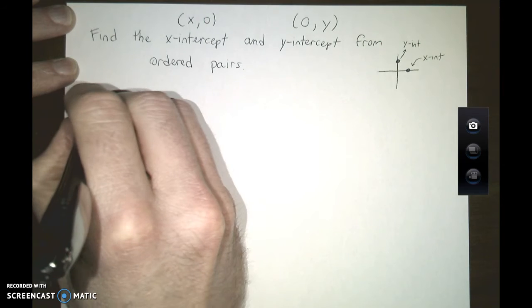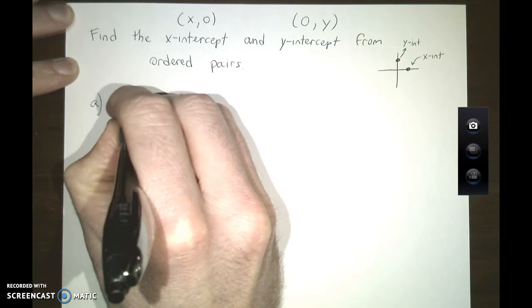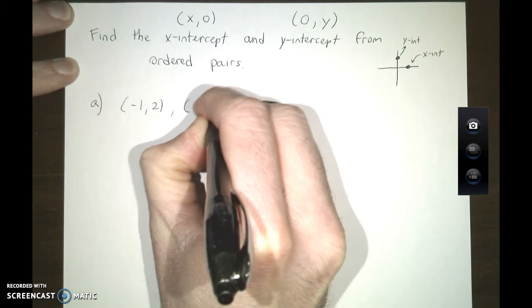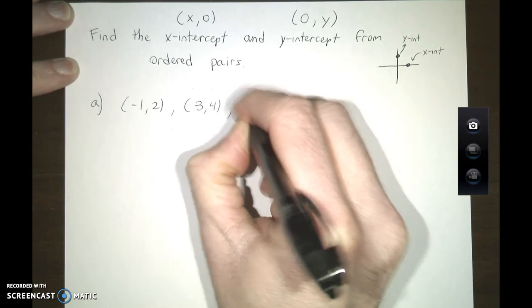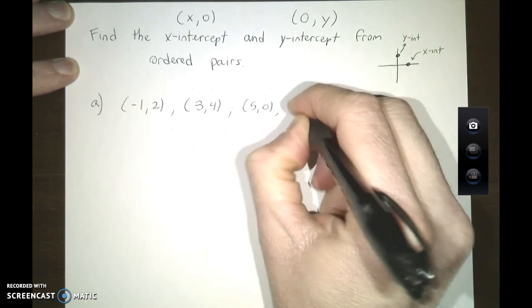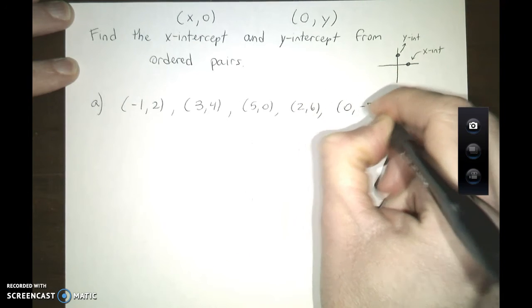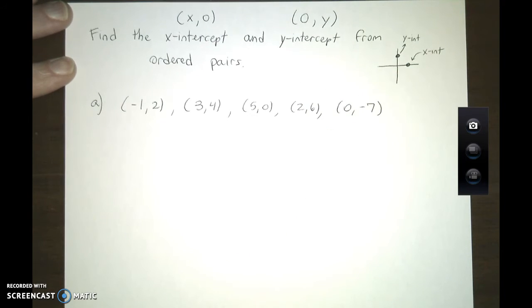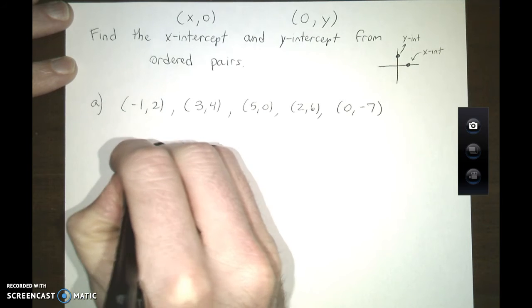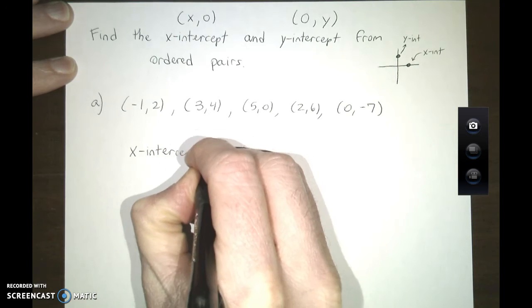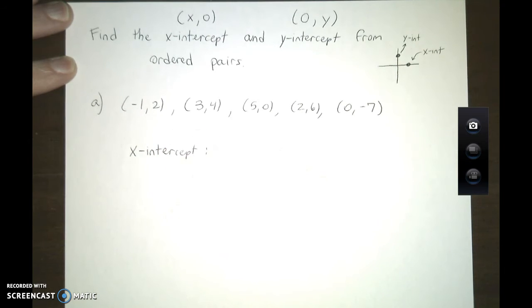So if I give you a list of ordered pairs, you should be able to look at the list of ordered pairs and identify the x and y intercepts. So if we're doing the x-intercept first, remember the x-intercept is the value that has a number for x, any number, and then 0 for y.